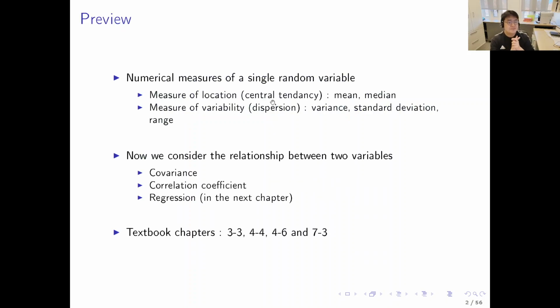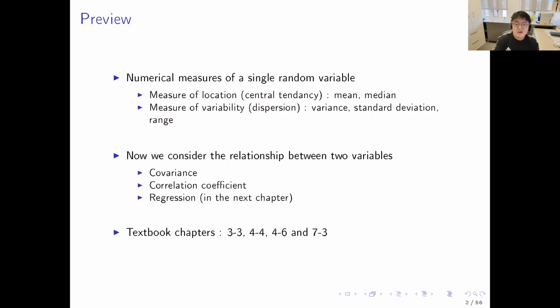So think about this. What we learned earlier is mean, median, variance, standard deviation. Those measures are for a single random variable. Normal distribution, binomial distribution, they are also for a single variable. Most of what we have done up to here are based on single variable analysis, right?